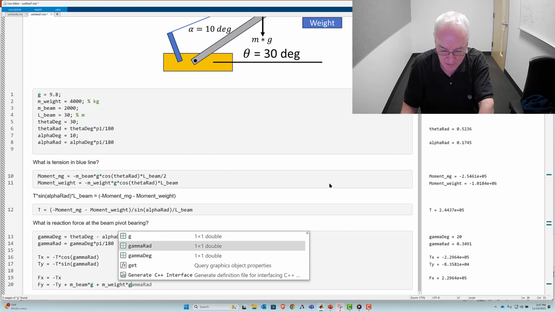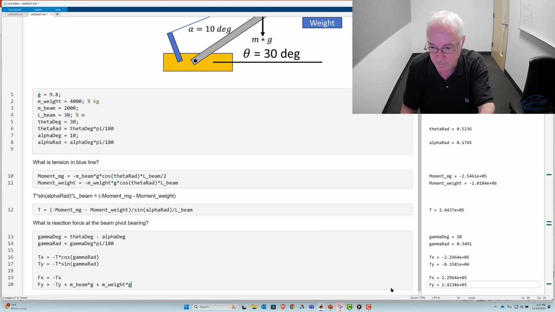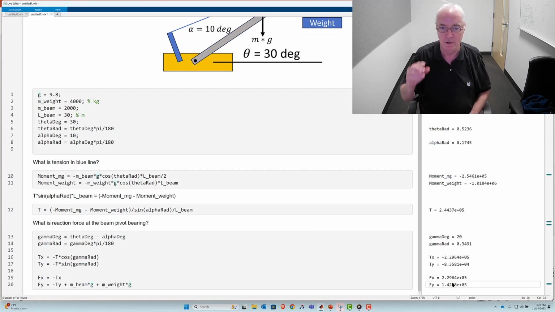So let's hit F5 again, and there's our Y force.